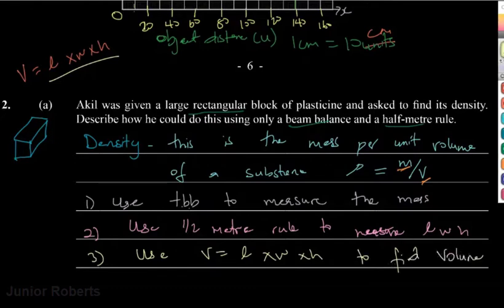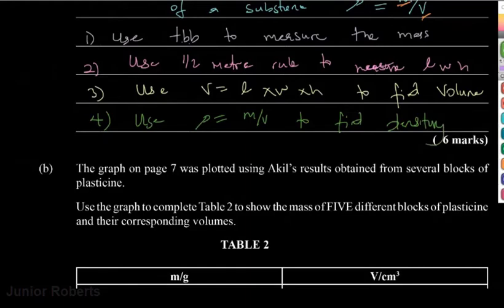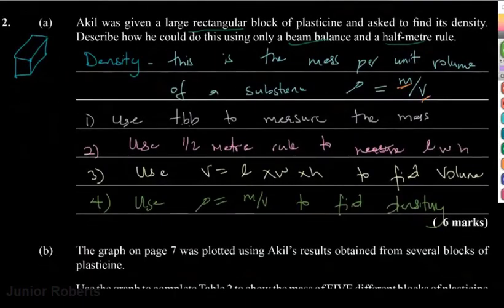And then finally, in part 4, we say use formula rho equals m over v to find density. That makes sense? Okay, cool.